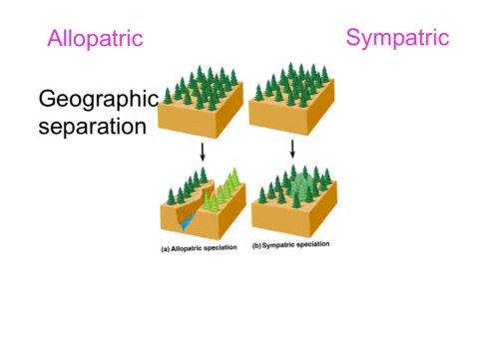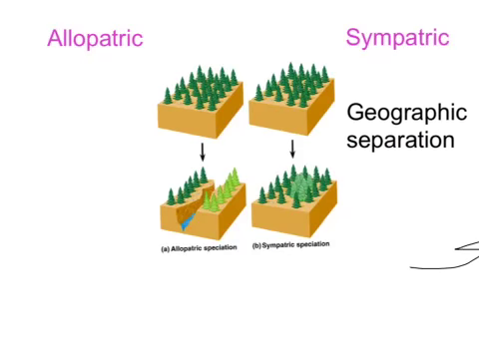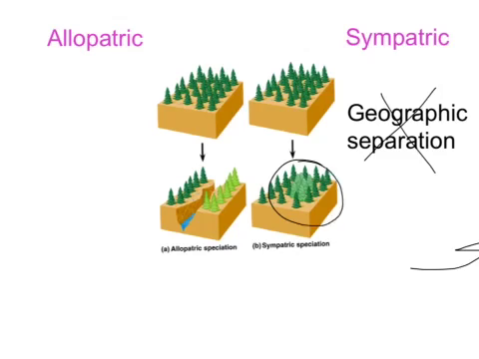And so that is what allowed here for my allopatric speciation. This river came in and physically separated them. With sympatric speciation, okay, let me erase that. With sympatric speciation, there is no geographic isolation. So with sympatric speciation, they are still right there in the same location, geographically connected to one another.